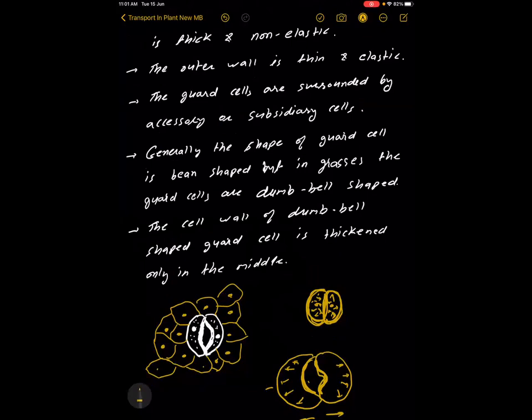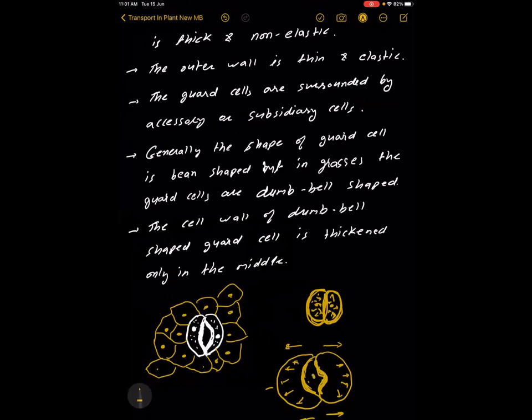If this wall is stretched in this direction and this wall in the opposite direction, then definitely each outer membrane pulls the thickened wall. So here one opening is created, one opening is produced.